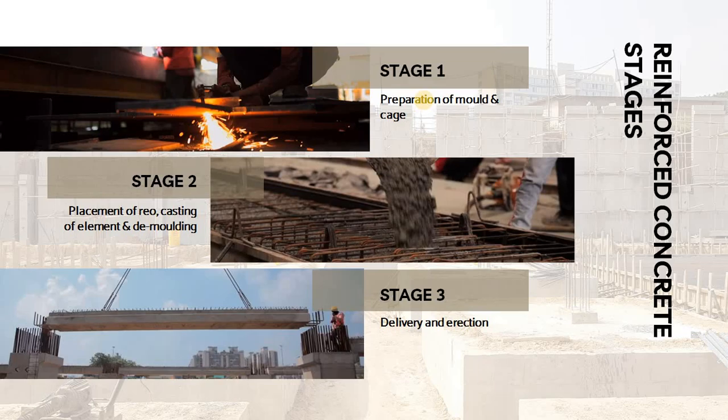In the second stage, the reinforcement cage will be lifted and placed into the mold, where the required accessories will be tied up, and then the concreting will be done.